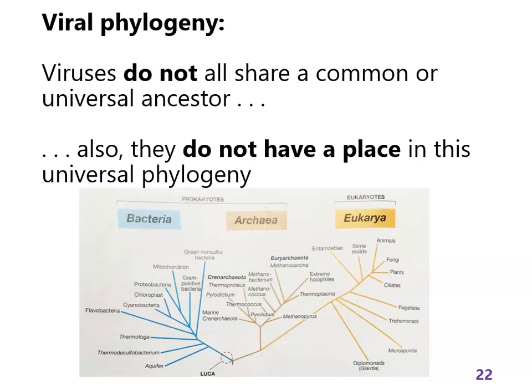So they are not like cousins of cells. They are pieces made from cells. So they're structures made by cells, but they're not like cells or related to cells. So nowhere on this universal phylogeny will you find a virus, but you will find every cell on Earth, but no viruses.